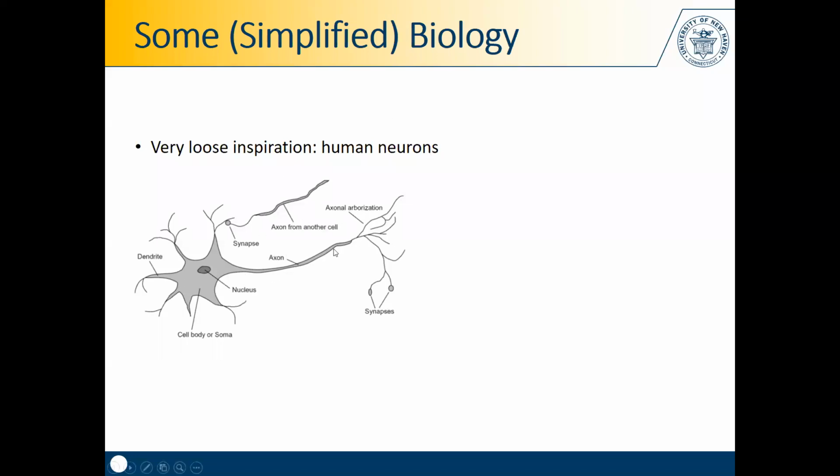This axon is then connected to the synapses, which are intermediary bridges between this output and the input of other neurons. Okay, this seems very complicated and intriguing at the same time, but for the purposes of our work, let's see if we can come up with a simplified model.